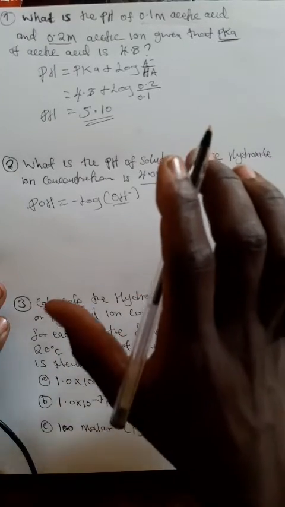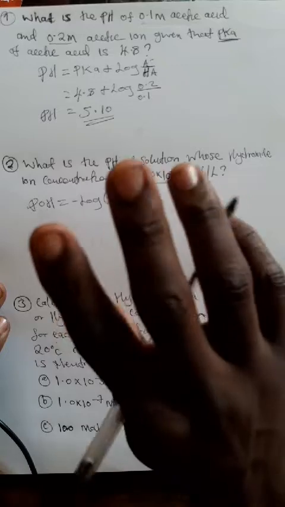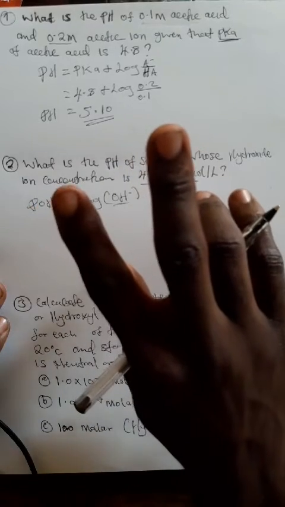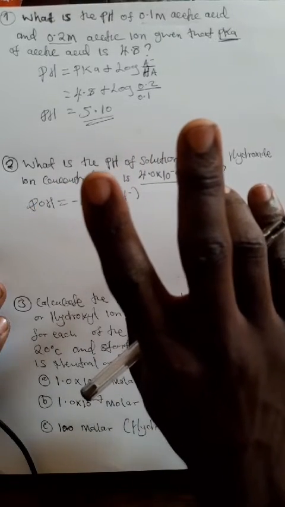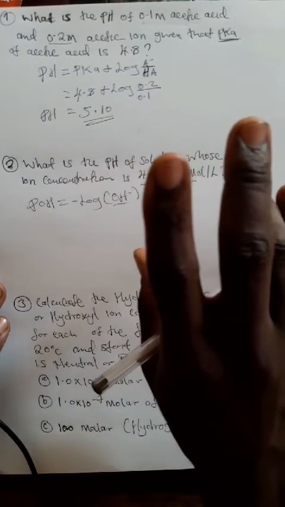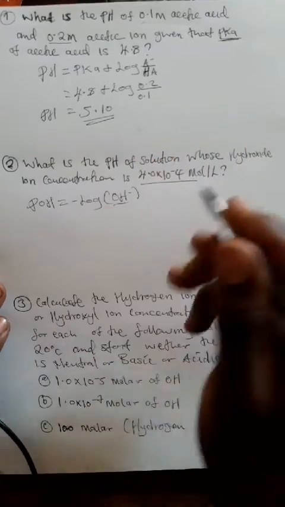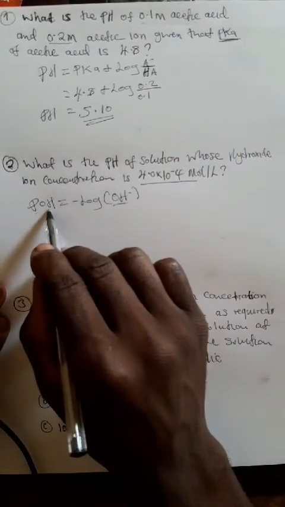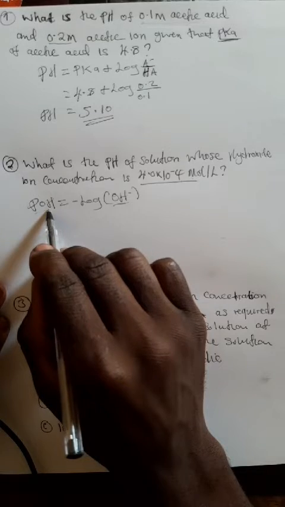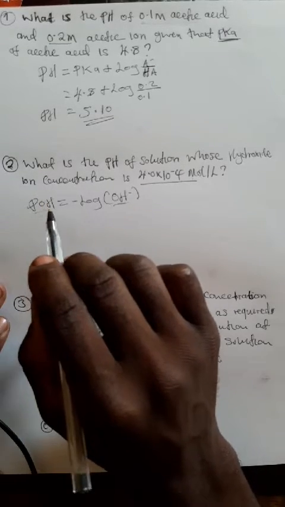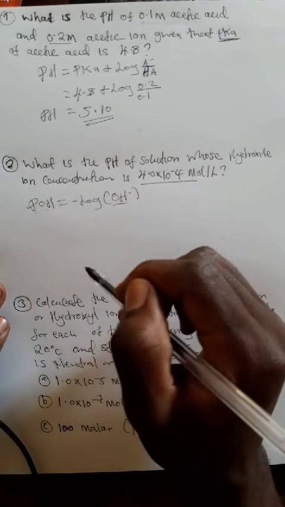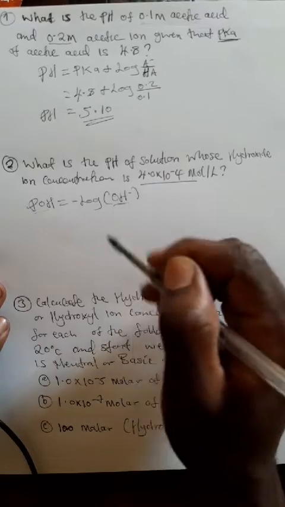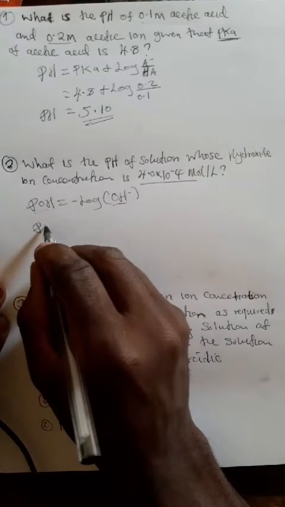When we find the pOH, remember we said when we combine the pOH with pH, it gives us 14. So pOH plus pH is equal to 14. So when you find the pOH, we are going to subtract this pOH from 14 and then we are going to find the value for the pH. So let's plug in these values.